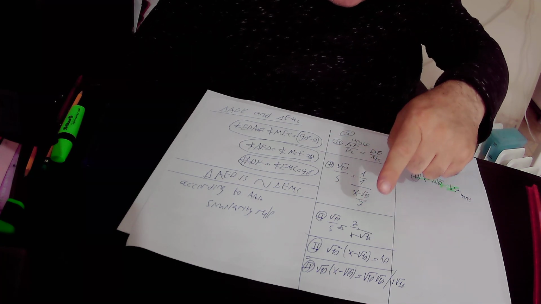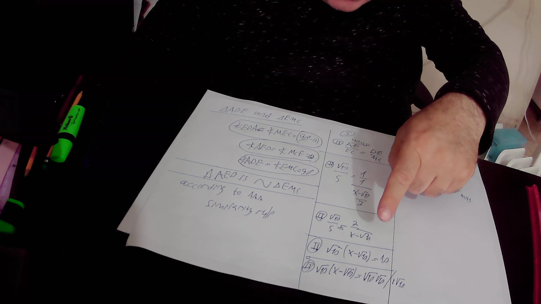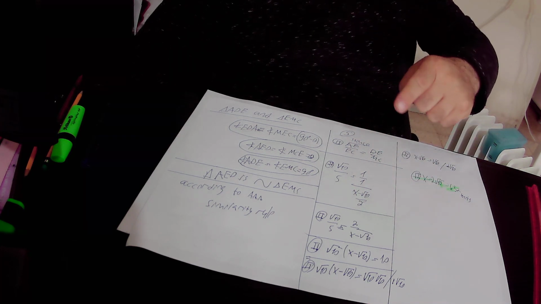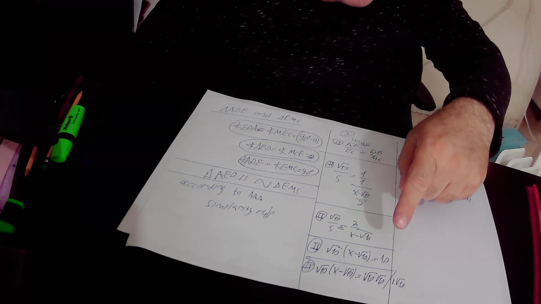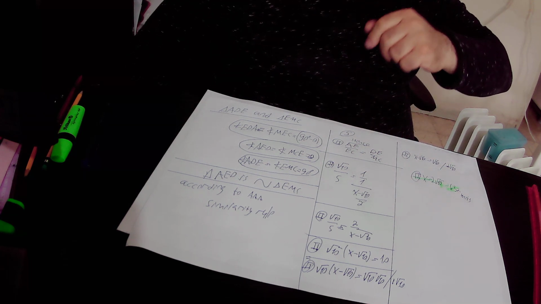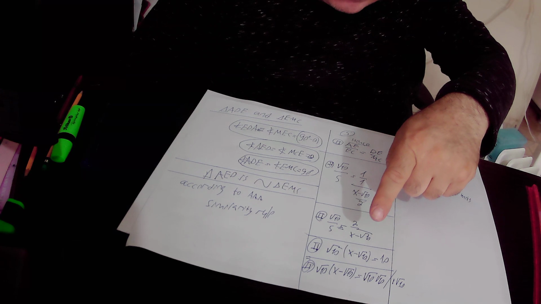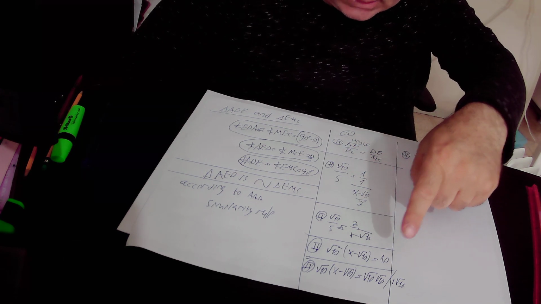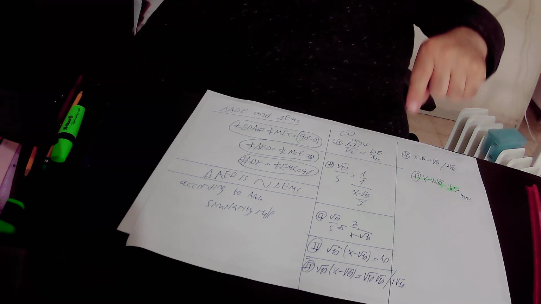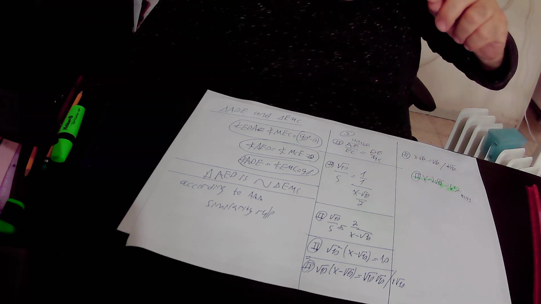Then we substituted 10 by square root of 10 times square root of 10. And we found that square root of 10 times X minus square root of 10 equals square root of 10 times square root of 10. We divided this equation by square root of 10.